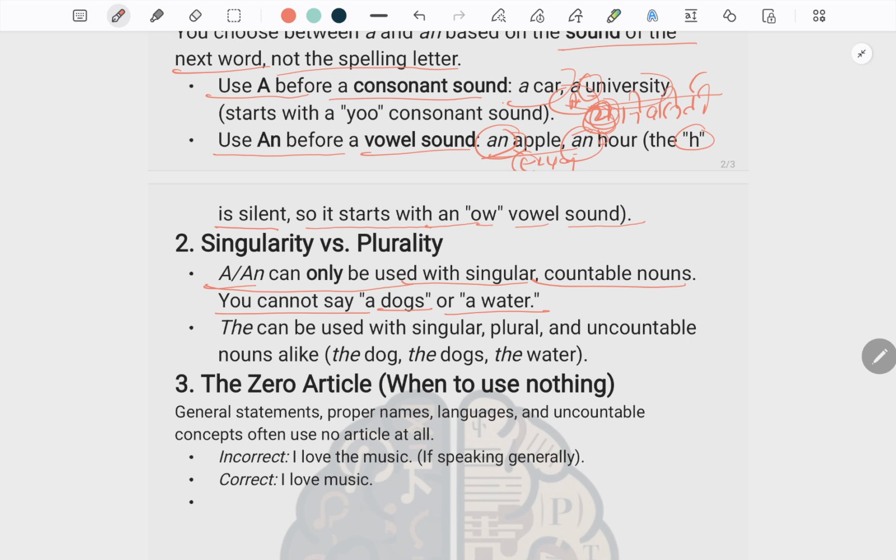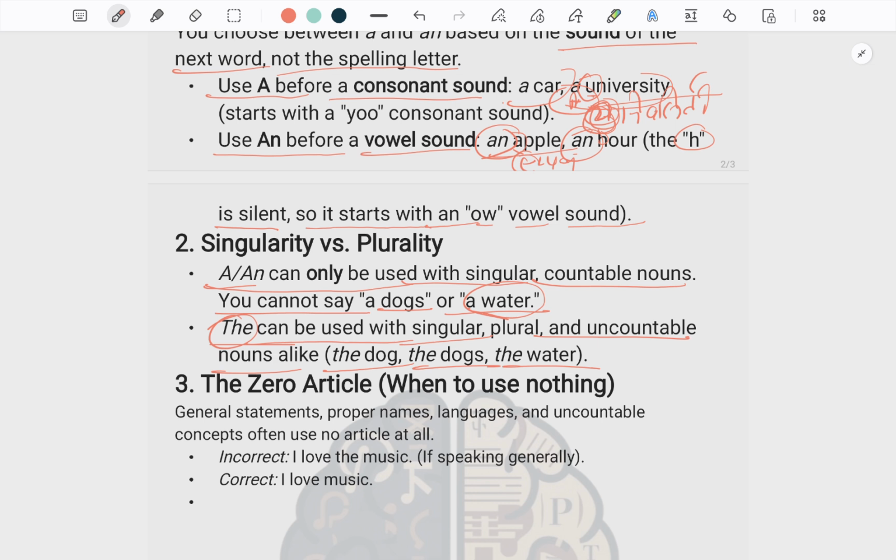You can say a bottle of water, but you cannot say a water because water is uncountable. The definite article the can be used with singular, plural, and uncountable nouns, like the dog, the dogs, the water.